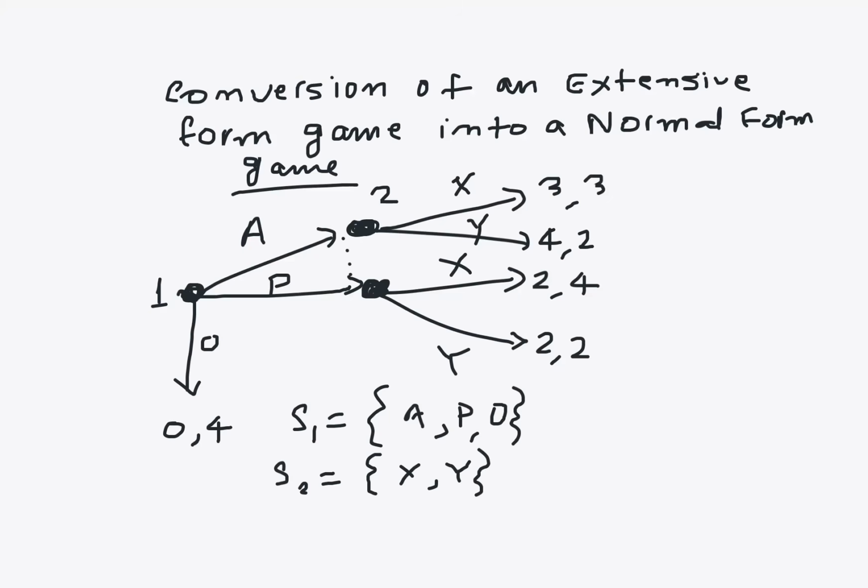The matrix, the normal form, will have 3 rows and 2 columns. 3 rows are for 3 strategies of player 1 and 2 columns for player 2.